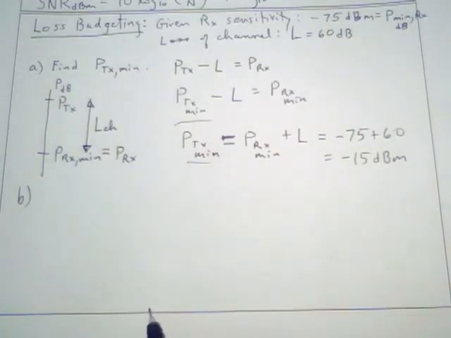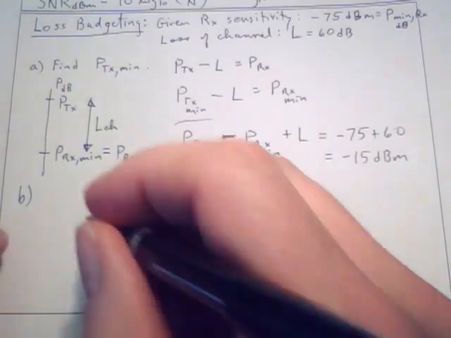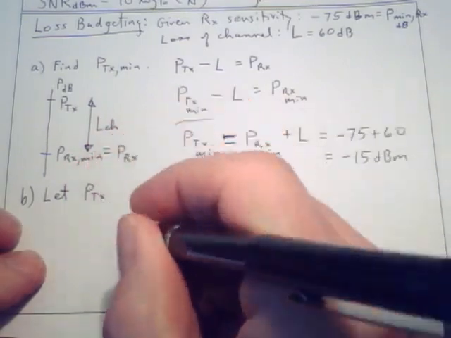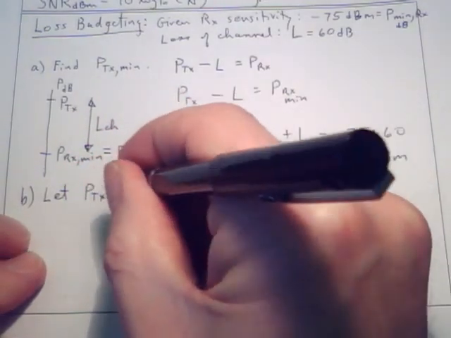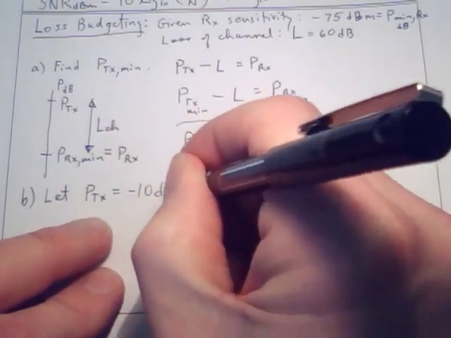Okay, in part B, what I'll do is I'll go ahead and say suppose, or let PTX be negative 10 dBm.